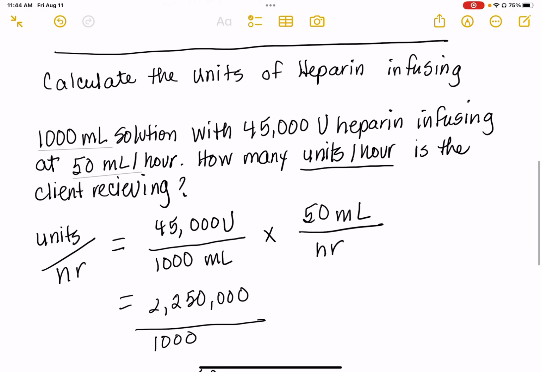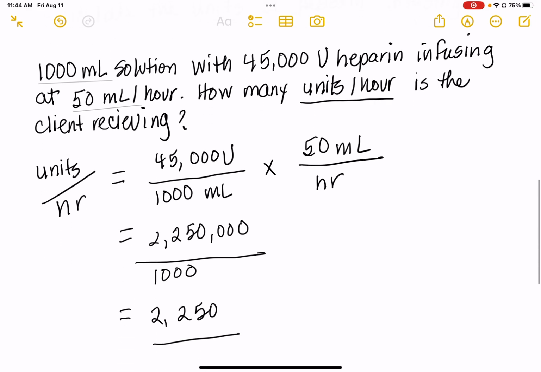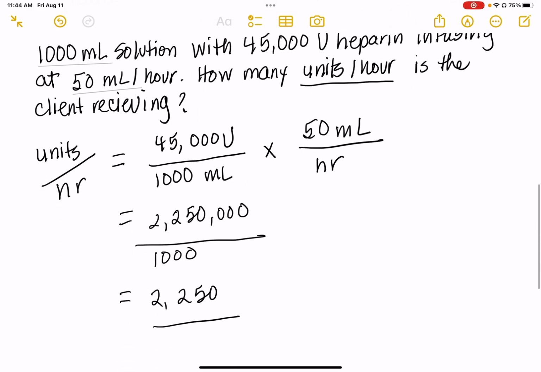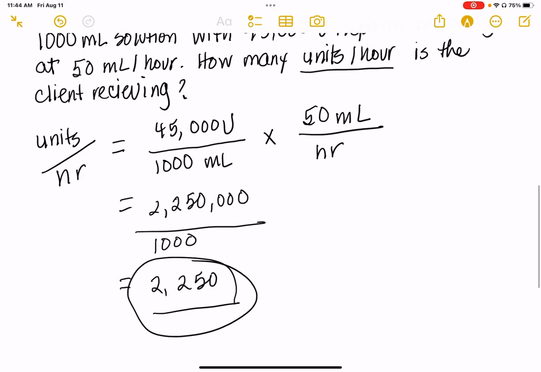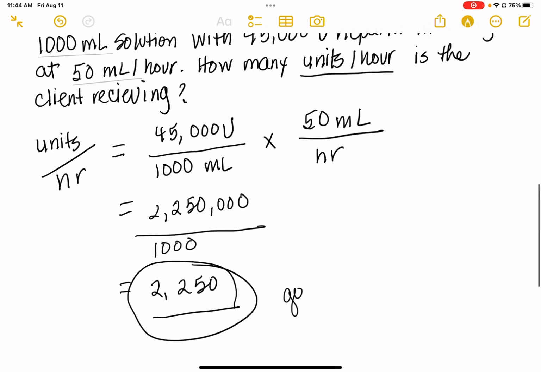And there we just work that math out. 2,250,000 over 1,000, and we get 2,250 units an hour, which seems like a lot of heparin. So we would want to go back and check that order and make sure that we saw the correct prescription.